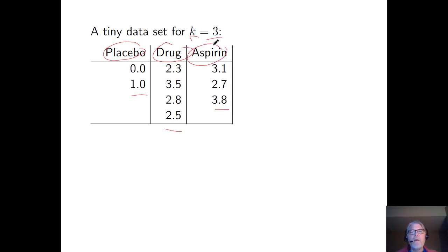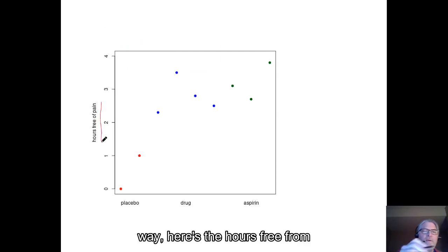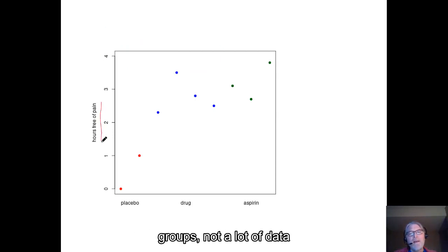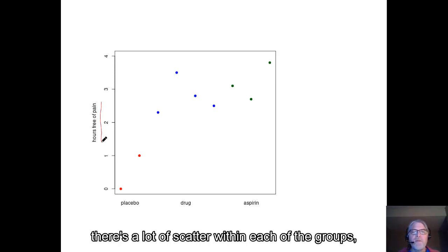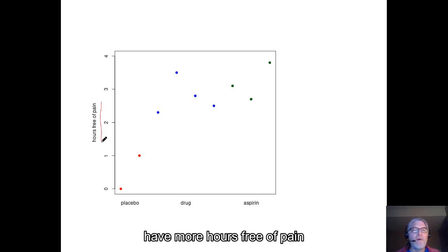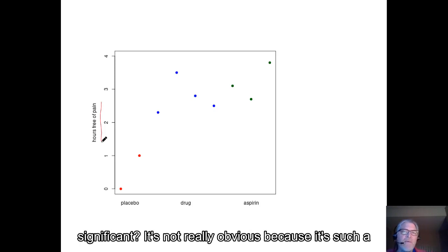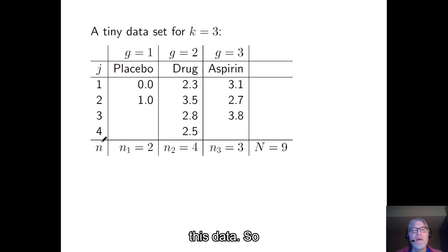So you could visualize that data in this way. Here are the hours free from pain on the y-axis and the 3 groups. Not a lot of data, obviously, but even though there's a lot of scatter within each of the groups, it seems like the drug and the aspirin have more hours free of pain than placebo. But is that statistically significant? It's not really obvious because it's such a small sample size and there's so much scatter in this data.